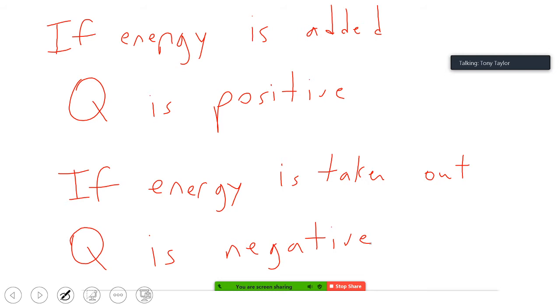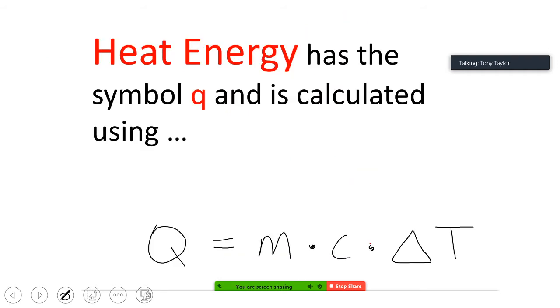If energy is taken out, Q is negative. Just something to keep in mind for that equation. So hopefully everybody got, if energy is added to a substance, Q is positive. If energy is taken out of a substance, Q is negative.